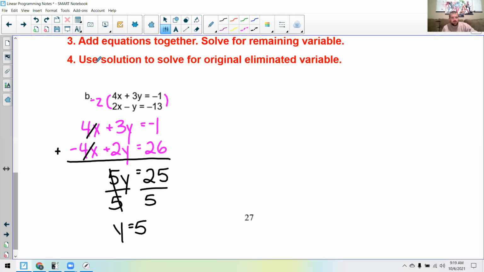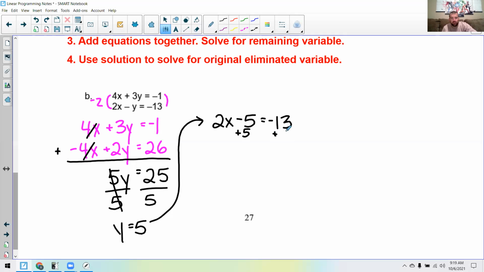Only half the answer. We still have to use the solution to solve for the original eliminated variable. Again, now there's not really one equation that's easier than the other. They can both be kind of tricky, but I'm just going to plug y into the second equation. But you can use either one you want. 2x minus y or -5 equals -13.